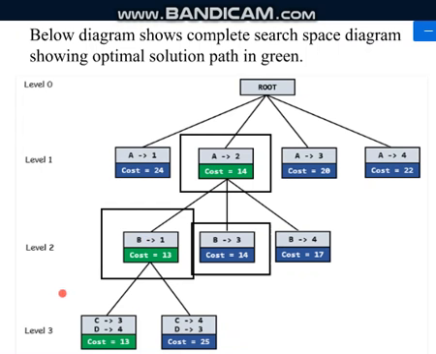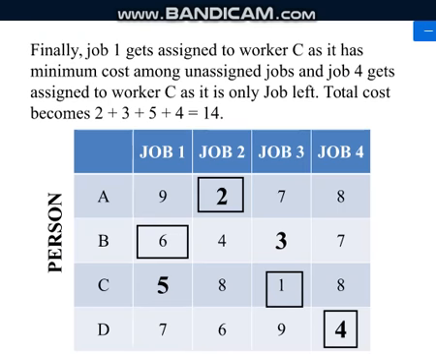So the cost has further reduced, the cost is 13. So that is the best possible cost we can get for this particular problem. Is that fine? I hope you have understood what the assignment problem is and how branch and bound is applied.